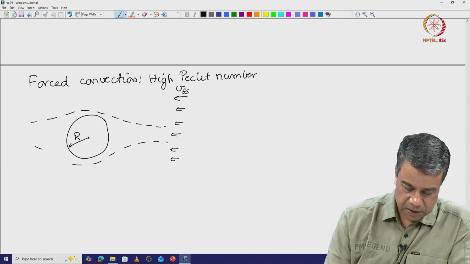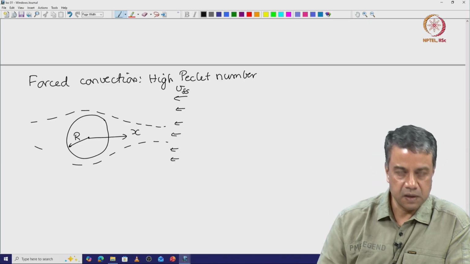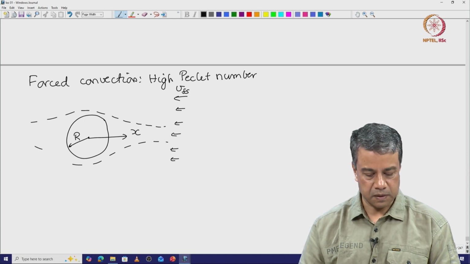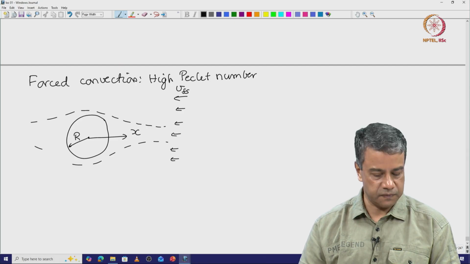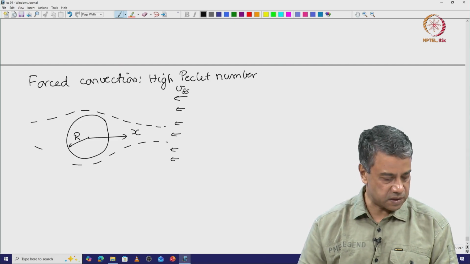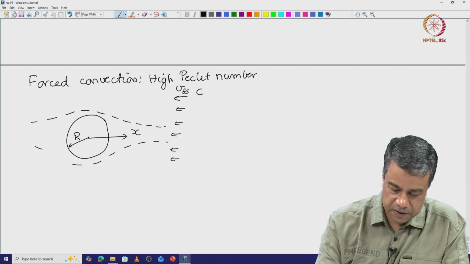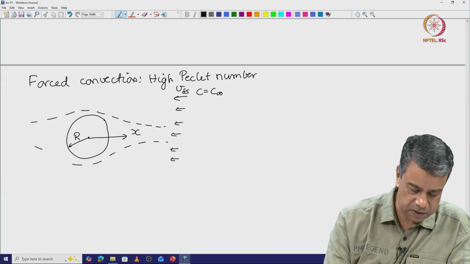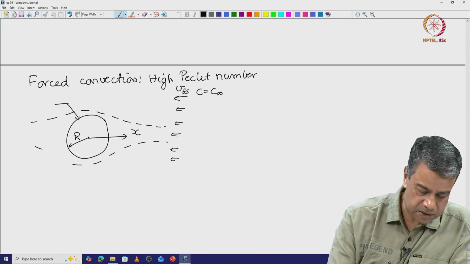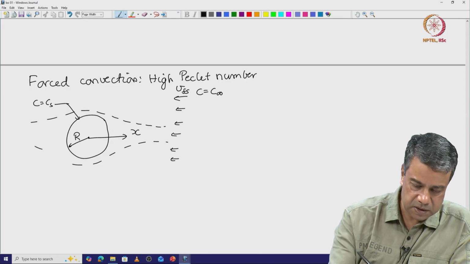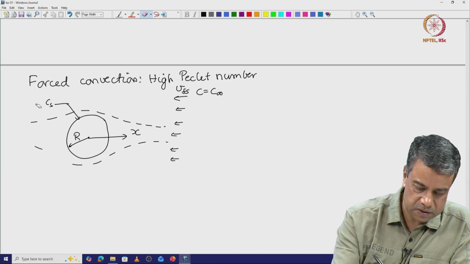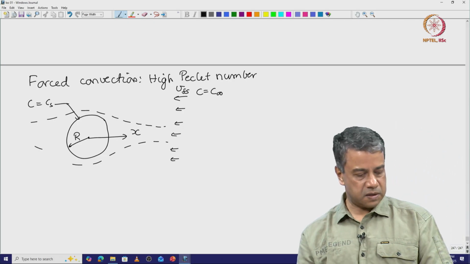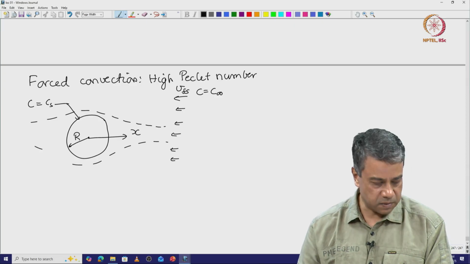I will consider x as the direction opposite to the free stream velocity for this flow past a bubble. Far from the surface, C is equal to C infinity, and at the surface we have a constant concentration, C is equal to C s, which is the saturation concentration of the solute in the bubble.